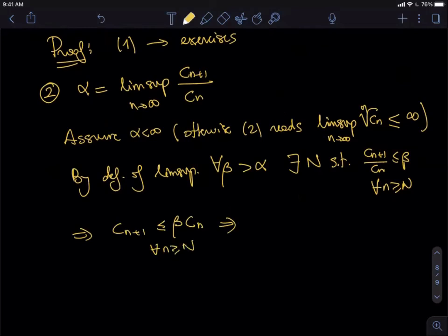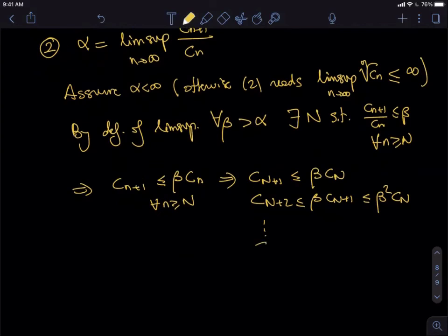We do just as in the proof of the ratio test. Okay, we just take c_{N+1} less or equal than beta c_N, c_{N+2} less or equal than beta c_{N+1} less or equal than beta squared c_N, and so on.